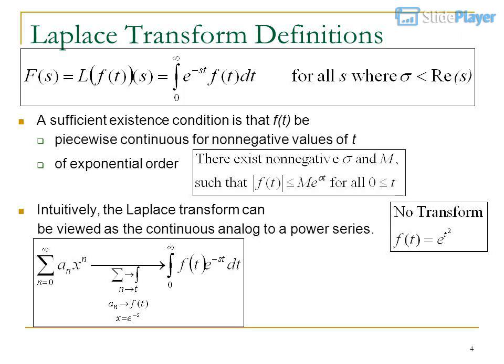Laplace transform definitions. A sufficient existence condition is that f(t) be piecewise continuous for non-negative values of t and of exponential order. Intuitively, the Laplace transform can be viewed as the continuous analog to a power series.